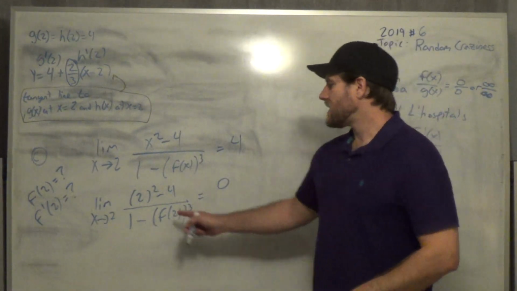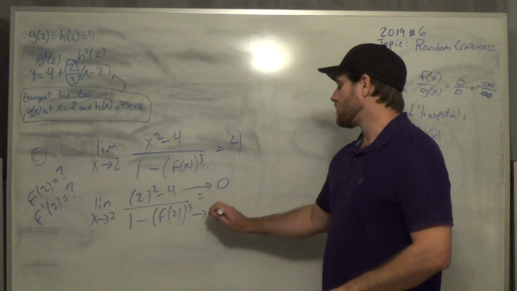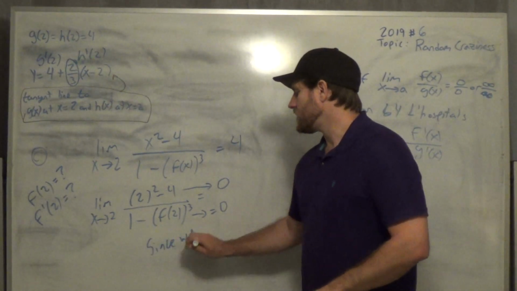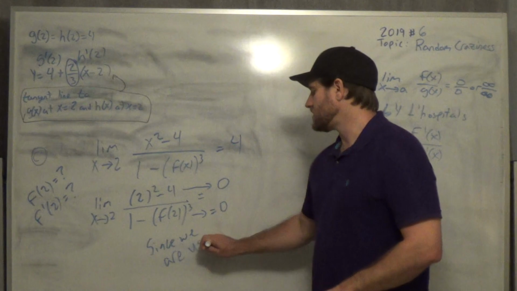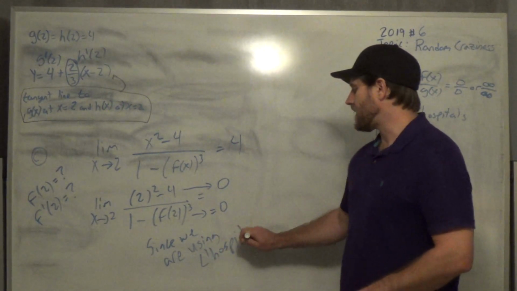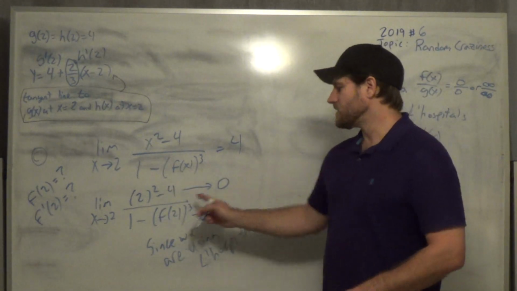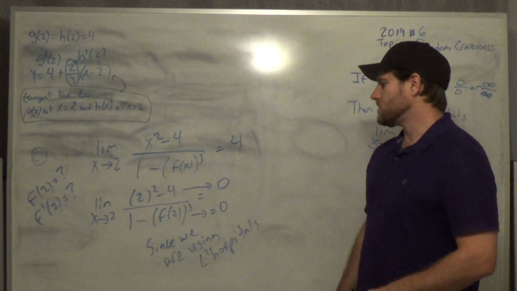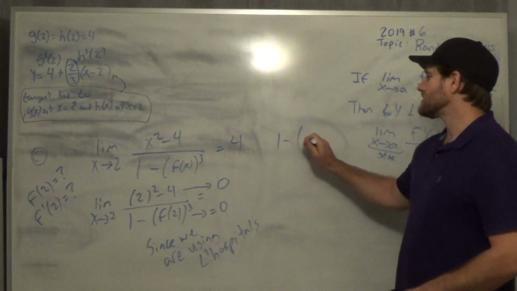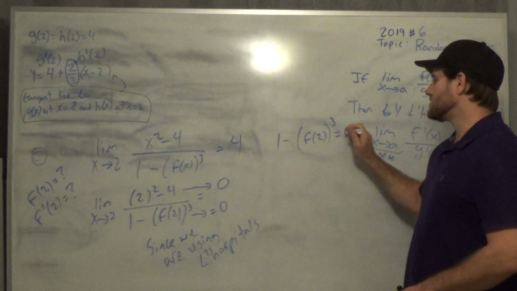So, we would say because this is 0, this must equal 0, since we are using L'Hopital's. Since they told me I was using L'Hopital's, again, it's either 0 over 0 or infinity over infinity. Well, if my top is 0, that means my bottom better be 0 in order to use L'Hopital's. So we know if we're going to get 0 over 0, 1 minus f of 2 to the third has to equal 0.